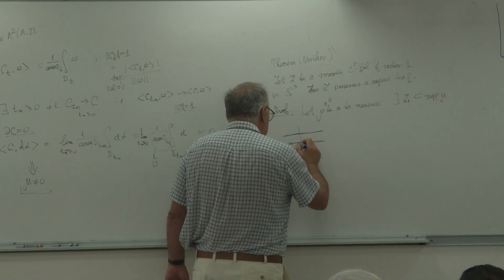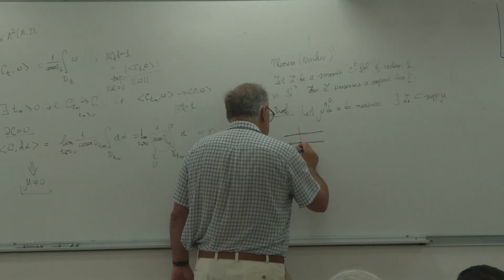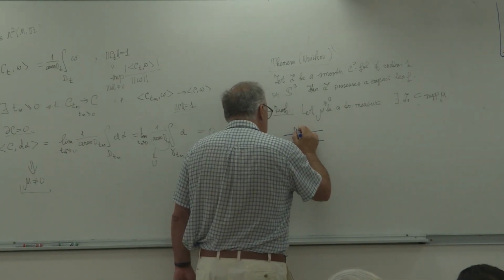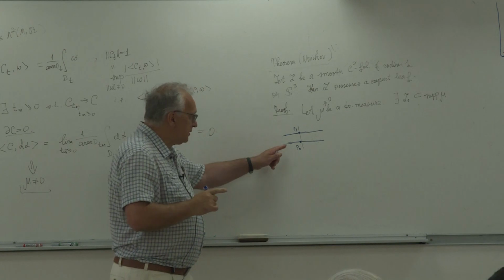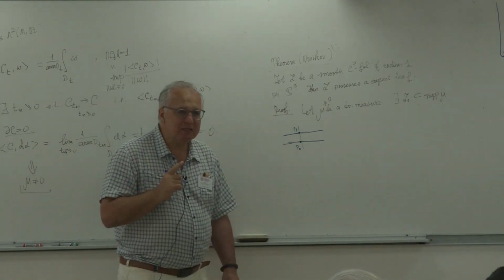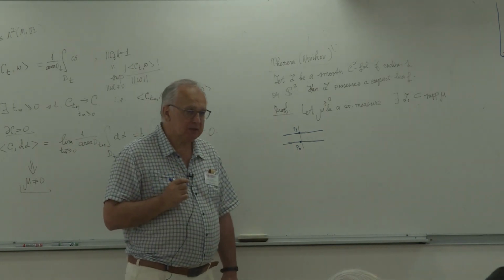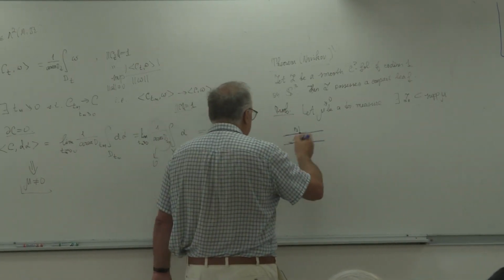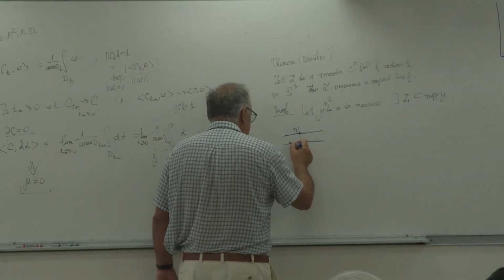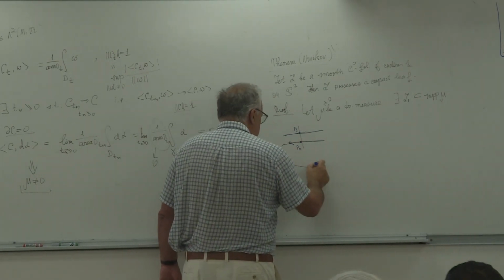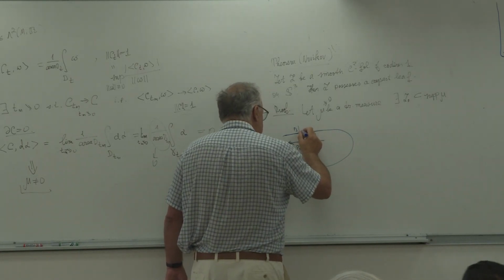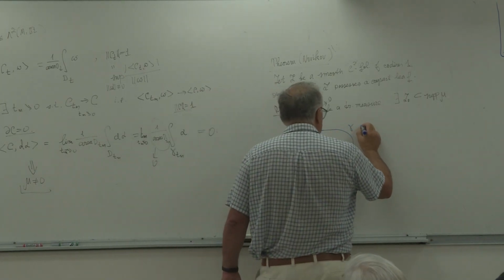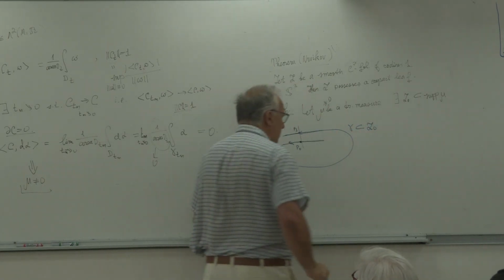I can take 2 points, let's say P0 and P1. Now these points are on the same leaf, and the leaf is connected, so I can join them by a curve. I can find some curve which starts at P0 and ends at P1, and this curve, gamma, is inside of my leaf.